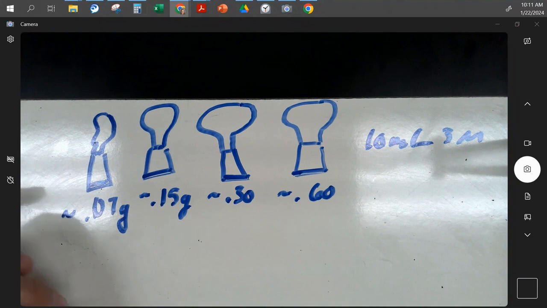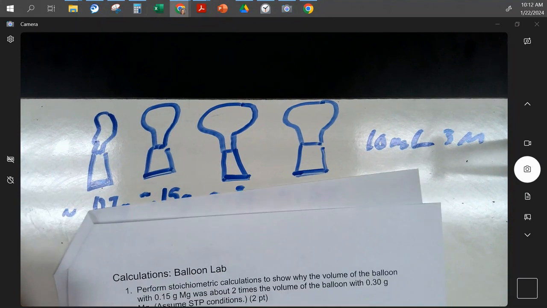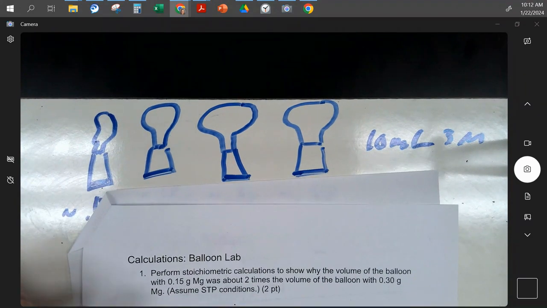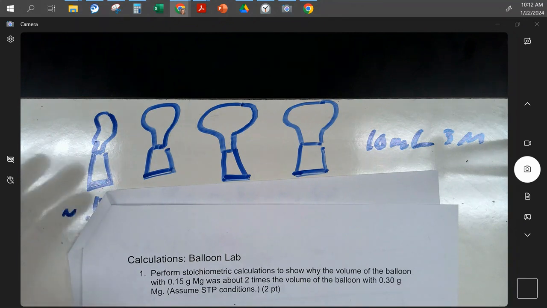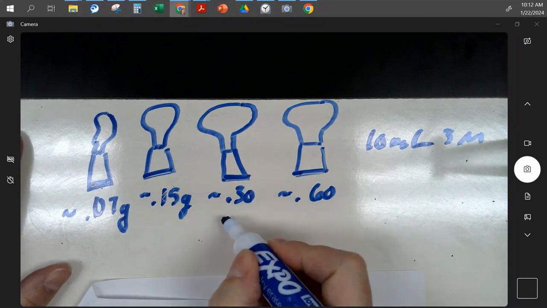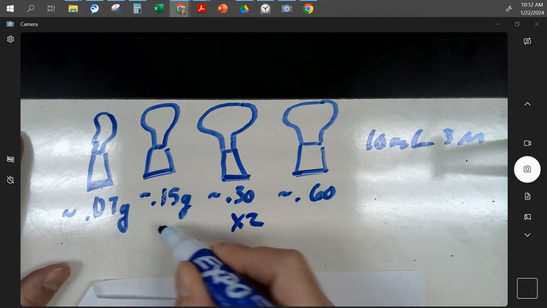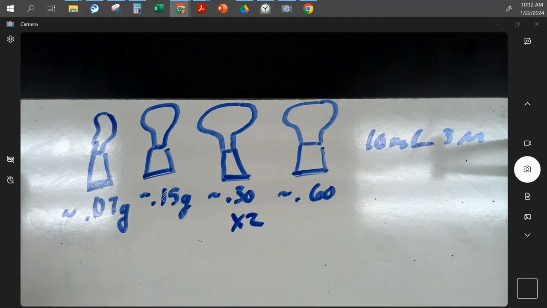All right, so the first question says, perform stoichiometric calculations to show why the volume of the balloon with 0.15 grams was about 2 times the volume of the balloon with 0.3. I think they switched that, so yeah. This one was about 2 times the volume of this one. And we're just trying to show that.